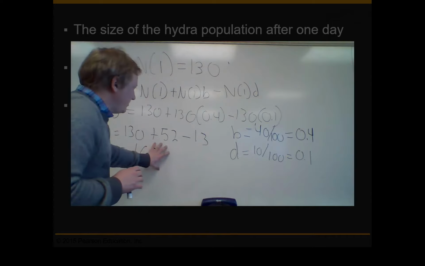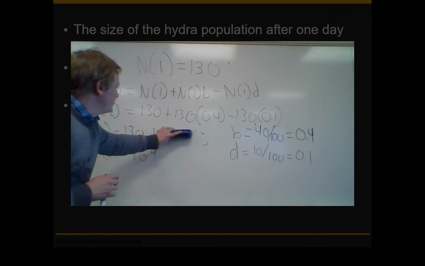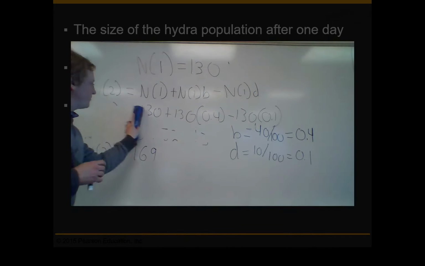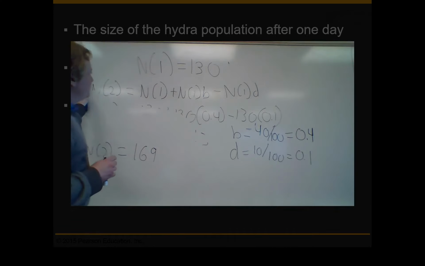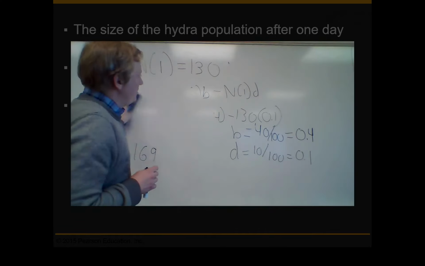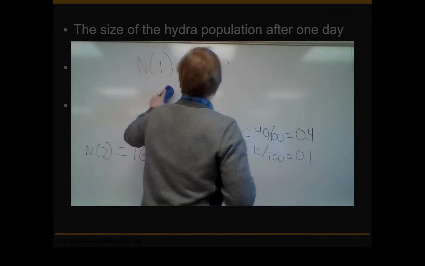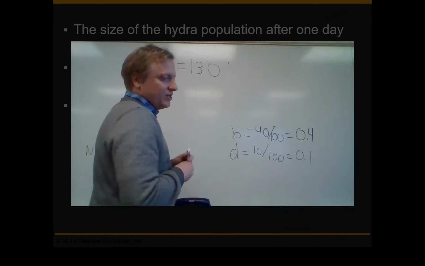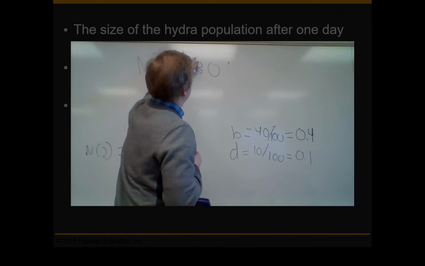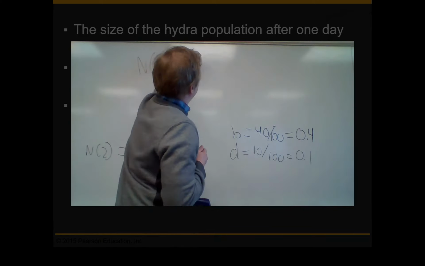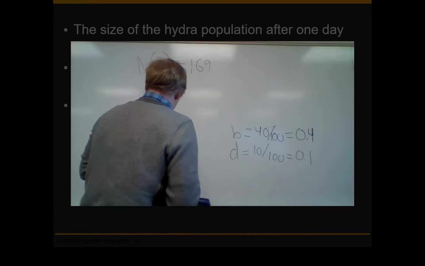So I'm going to hold on to this number, and I don't need this math anymore. So we're just going to change this to our number at day 2 is 169.